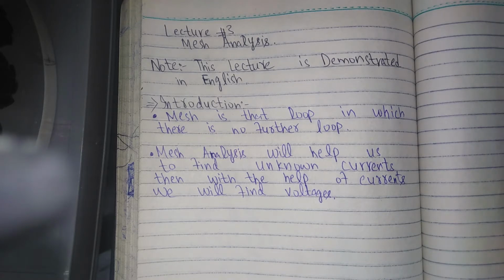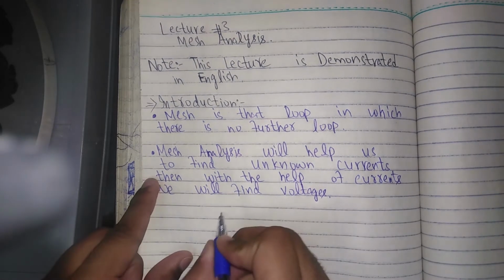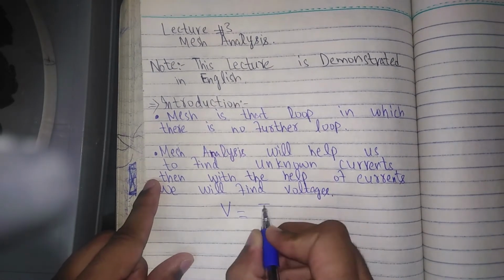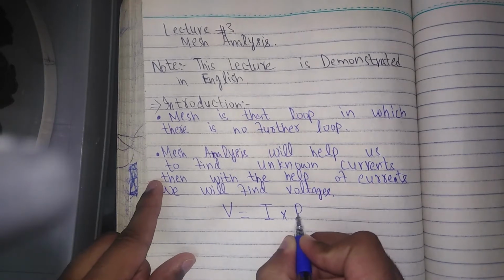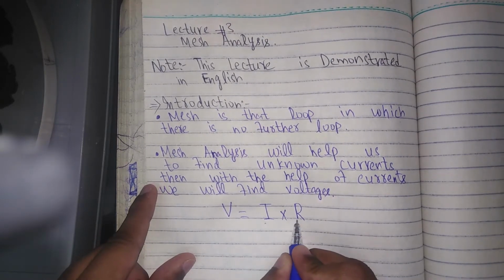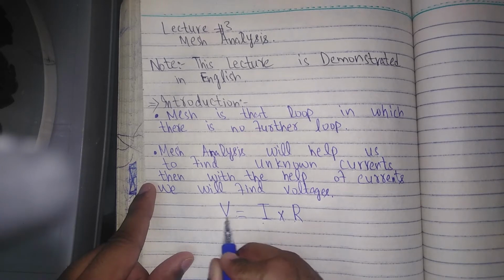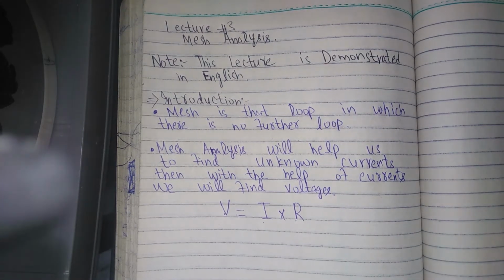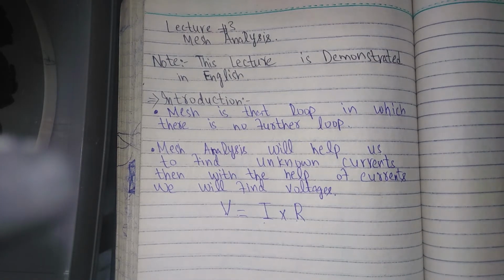Then with the help of currents we will find voltages using the relation V equals I into R. If we have current and resistance, then we will find voltage. Now come to our next step: how to solve mesh analysis problems.